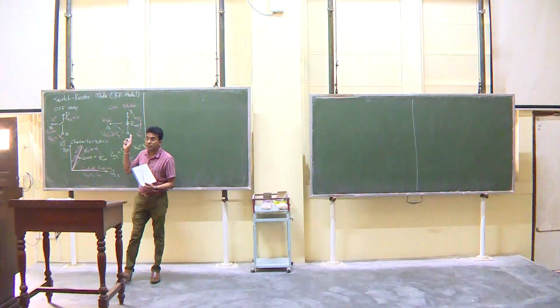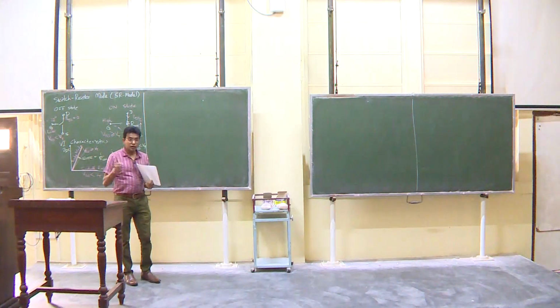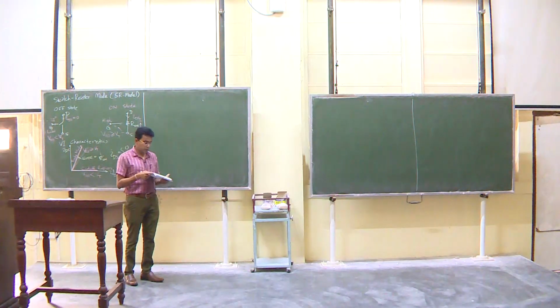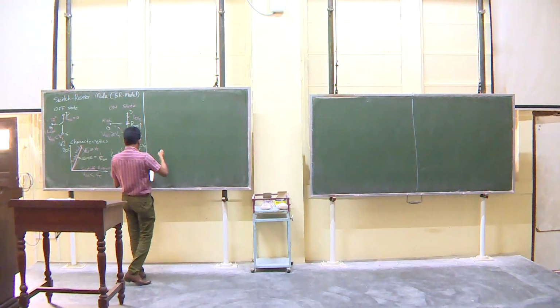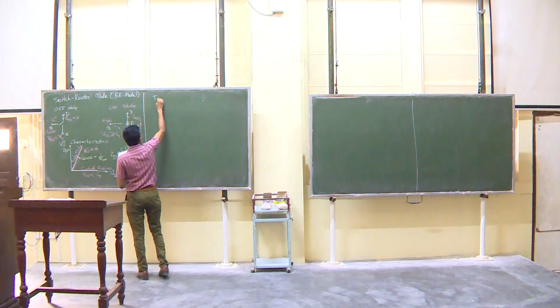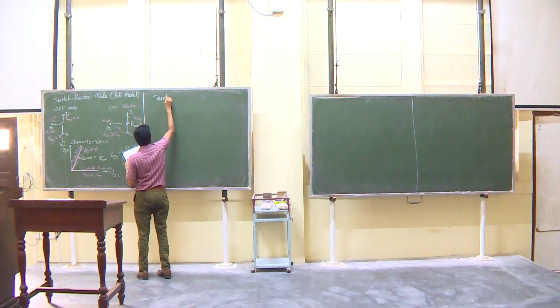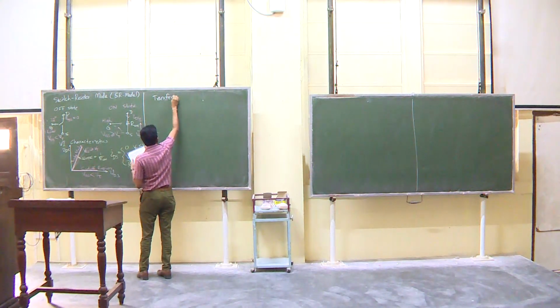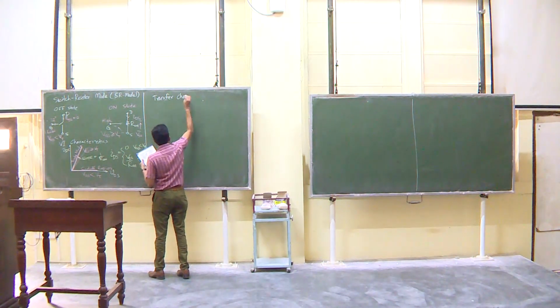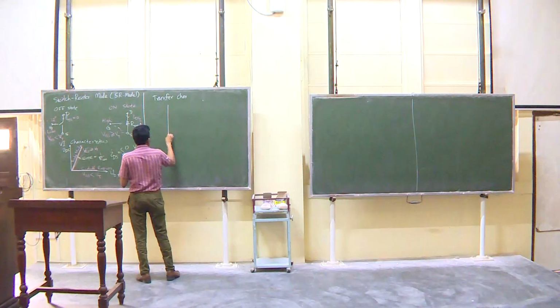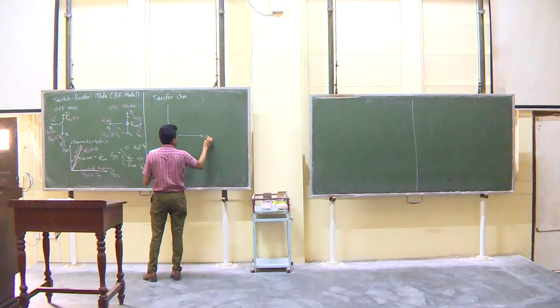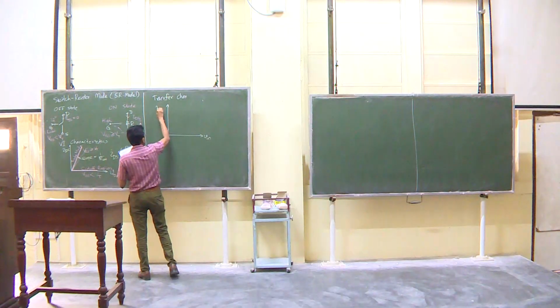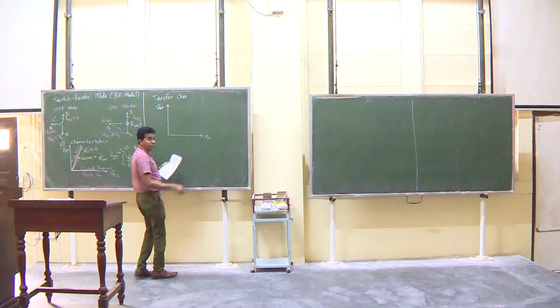The other characteristic that we are looking at is the transfer characteristic, the input output characteristic, right. So, transfer characteristic, that is V out versus V in. So, what is V in?